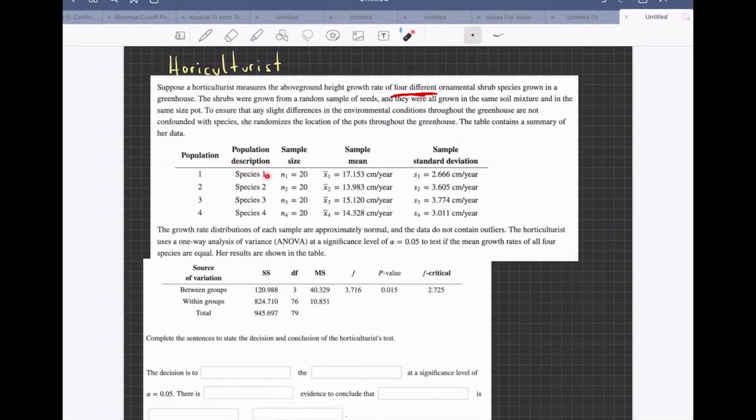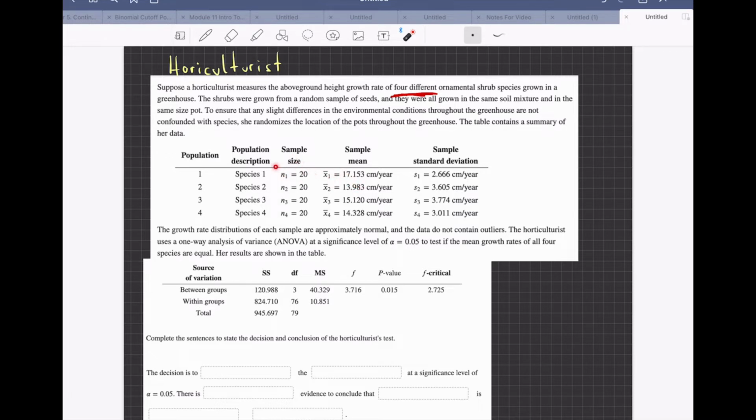Notice, as I have said before, we are going to be comparing populations here: population 1, population 2, 3, 4, each representing a species. When we perform a hypothesis test with ANOVA, we will need to compute the mean from each sample.